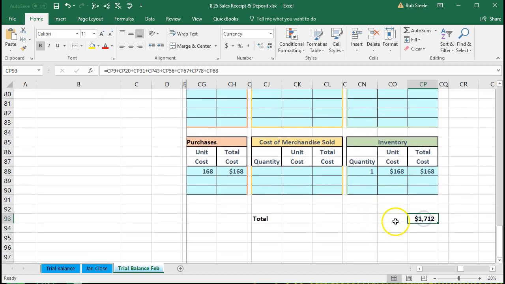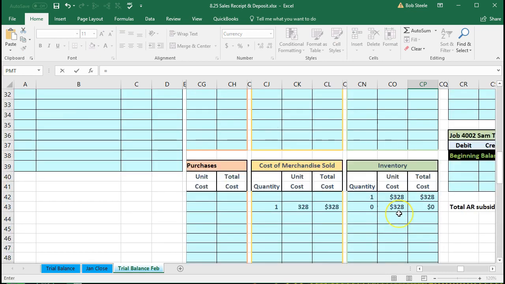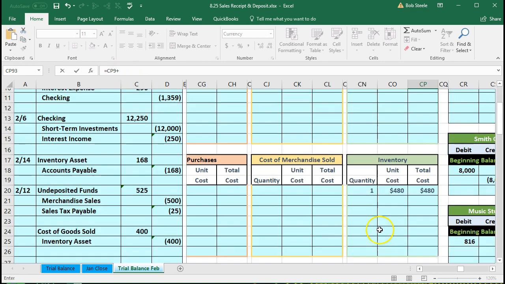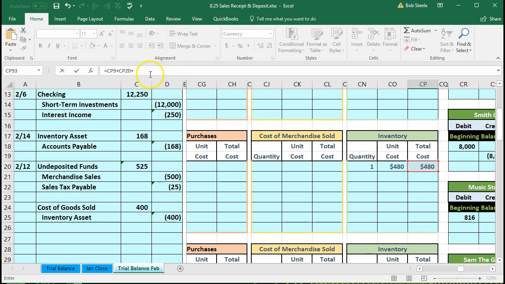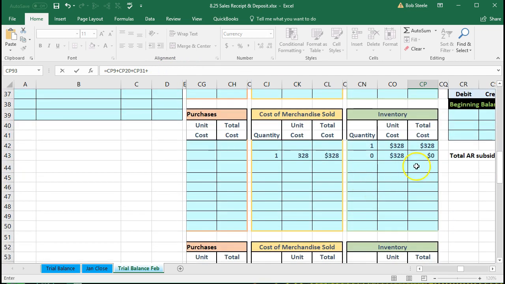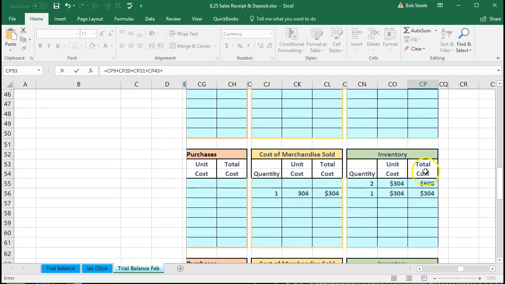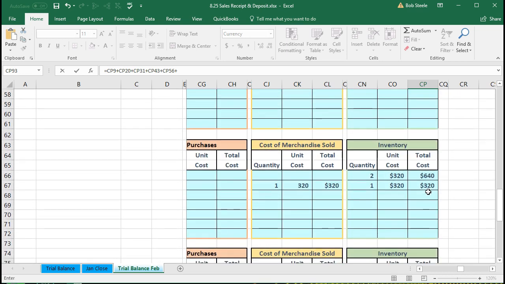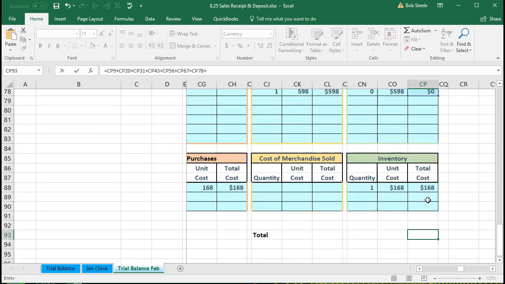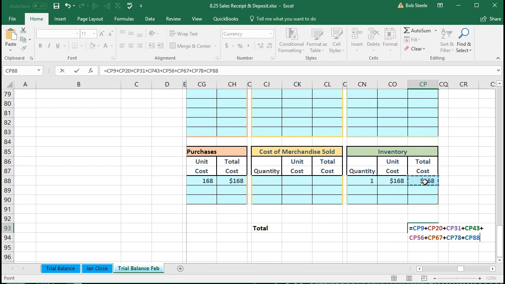If that's a little confusing, you could just redo the whole formula, just delete the formula, go equals, scroll all the way to the top, select the last one in each column. So I'm going to say that one plus, here's the formula, scrolling down, that one plus, here's the formula, scrolling down, that one plus, and so on and so forth, plus this one, plus the second one, plus the second one, plus the last one, and enter.